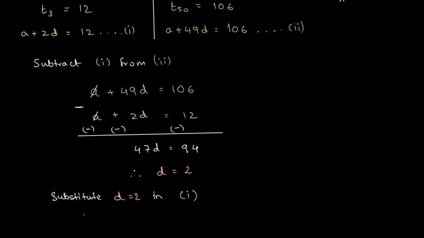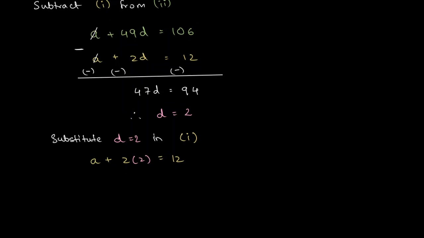So I get a plus 2d, so a plus 2, and instead of d I get 2 again, so a plus 2 into 2 is equal to 12. This becomes a plus 4 is equal to 12. Plus 4 on this side becomes minus on the other side. This gives me the value of a as 8.